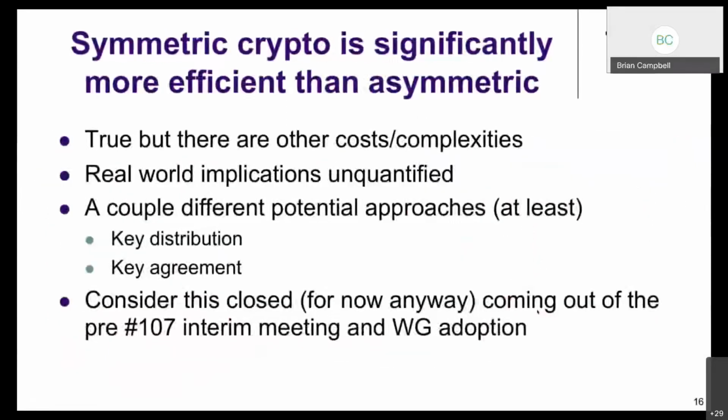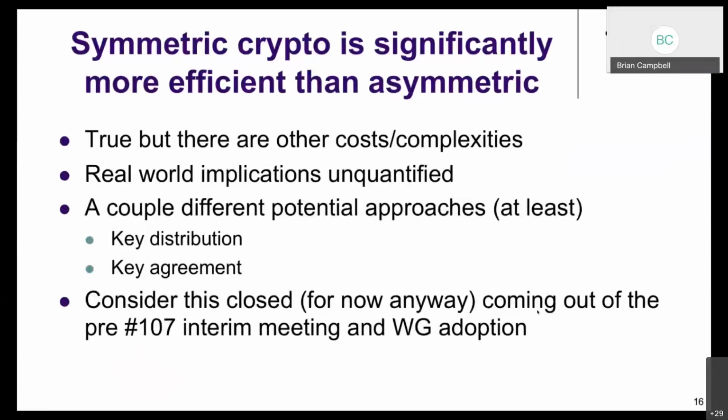So one thing that's come up a few times is the inefficiency of asymmetric crypto. It is inefficient, but there's other costs involved in doing something different. So far, we don't have any real world quantified implications of this. And it's true, but I don't know how much of a problem it is. There's been a couple of different potential approaches thrown out there. One is to do a key distribution, another is a key agreement.